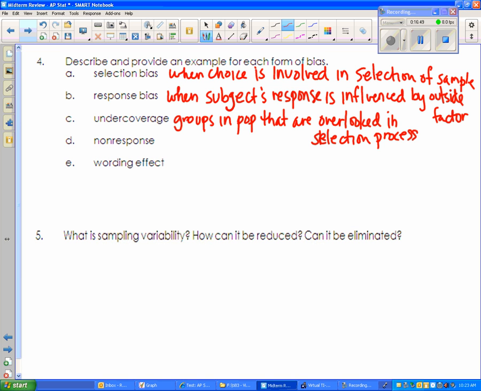Non-response is a little bit different. Non-response is when someone has been selected to be part of a sample, but they don't respond, they refuse to comply.